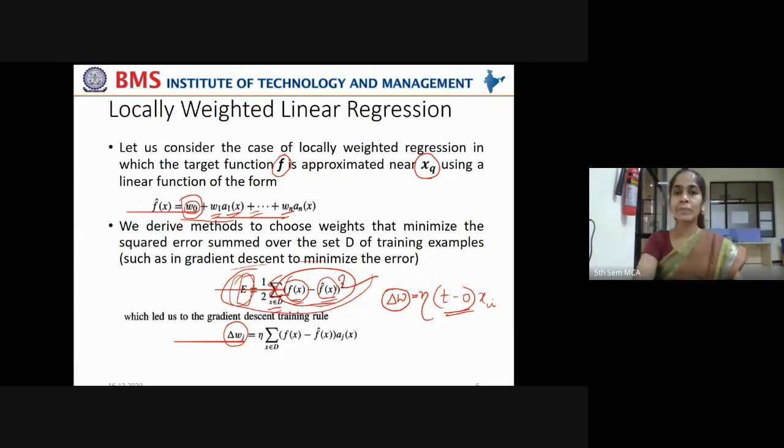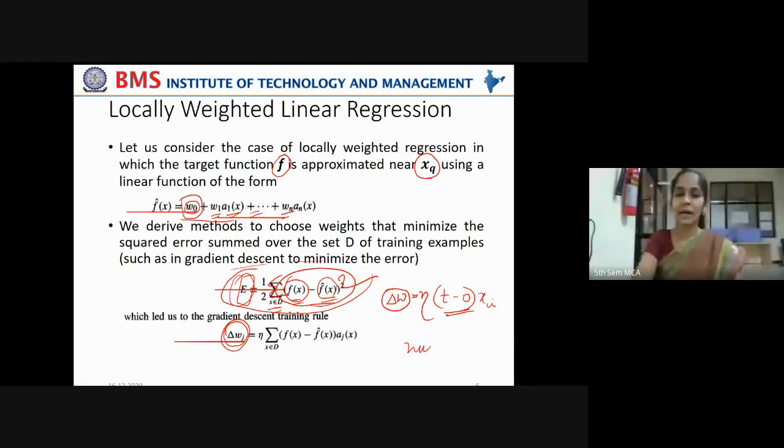Now the same rule we are applying here also. Why? Because we are using locally weighted linear regression. So we are combining the idea of linear regression with local weights. That is why, how to represent the weights here, which you have to adjust in order to get lesser prediction error, delta Wj? How is that weight change calculated? It is nu, that is the learning rate.